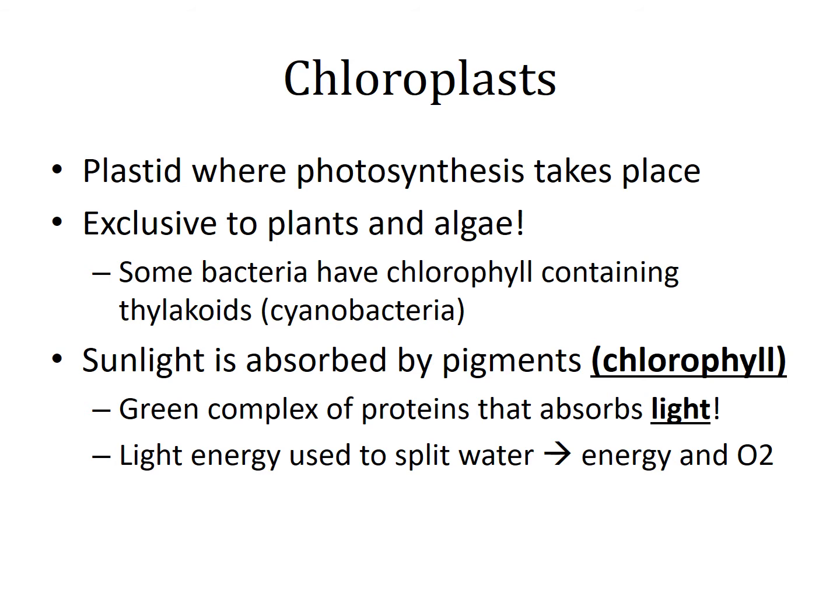So essentially, chloroplasts have these pigments called chlorophyll, and sunlight is absorbed by chlorophyll, and then that sunlight jazzes up a bunch of electrons, water is split, and then we have the ability to make some energy and basically use that energy to generate a sugar that's used for the plant.